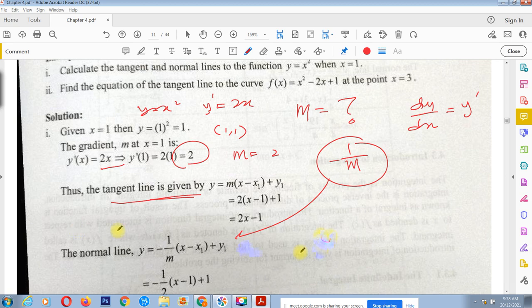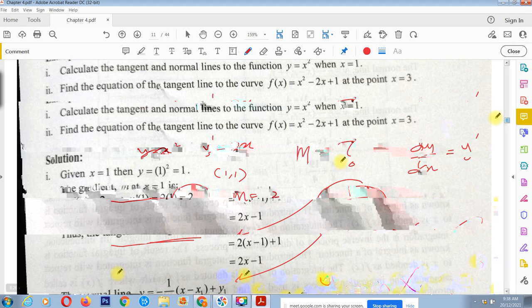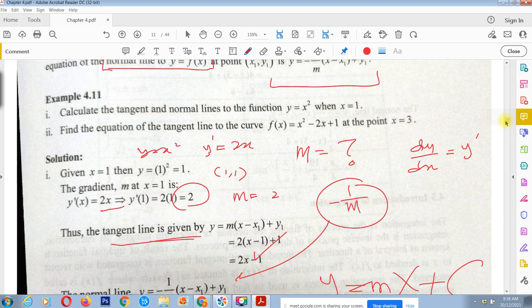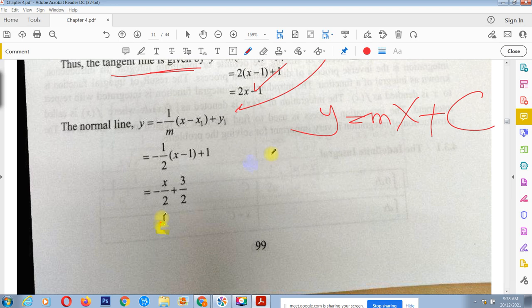We remember the equation of a line, y equals mx plus c. So that's why we get the tangent line with this equation, and then the normal line with this equation.